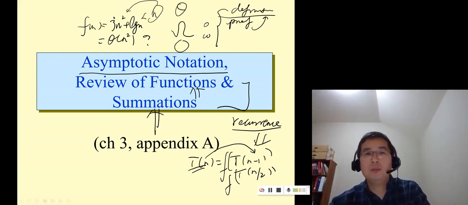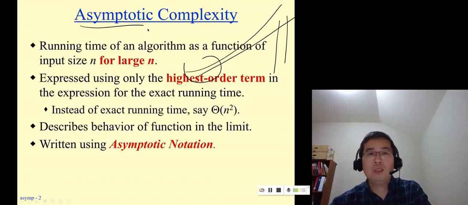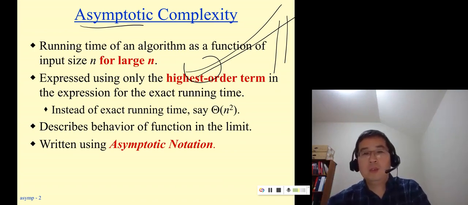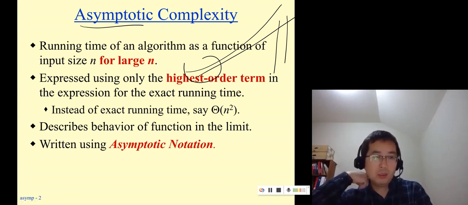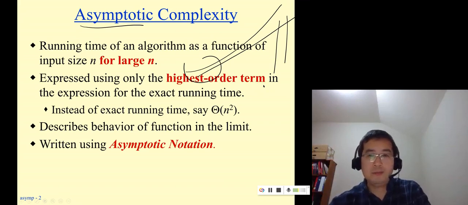So this is the highest order. We only concern the highest order, because the low order terms will not have a decisive impact on the complexity, on the trend. Only the highest order will decide.